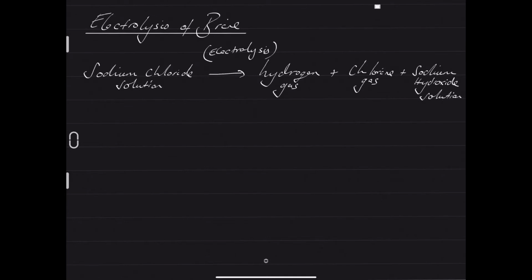Now, I want you to give me a complete balanced equation for this reaction. What I'm going to ask you to do is to balance the equation that I give you. So I'm going to give you a partial equation and I want you to balance it.